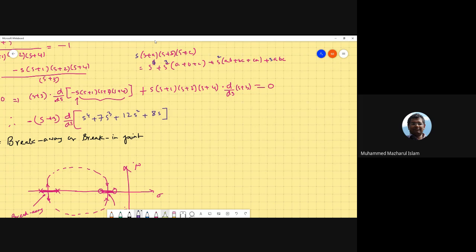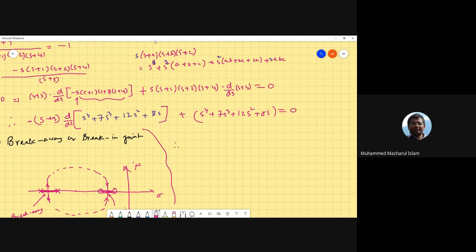Okay? Now you have to differentiate the whole thing. And at the right side we have just s into s plus 4, the polynomial itself. So 7s cube plus 12s square plus 8s, into 1, this is equal to 0. Differentiating the whole thing and then multiplying by s plus 3 will result in something.